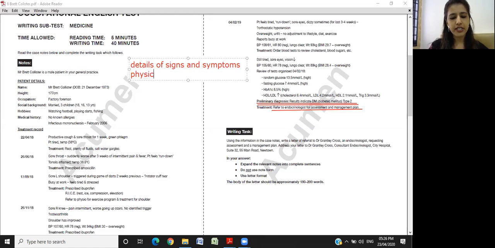Any of the physical examination findings that may help prove that this could be diabetes, and test results, which can again help prove that this is diabetes. This is going to be the main portion of my letter. And then the other issues, if they are relevant for the target reader, then the risk factors which are relevant for the target reader, those things can be compiled.